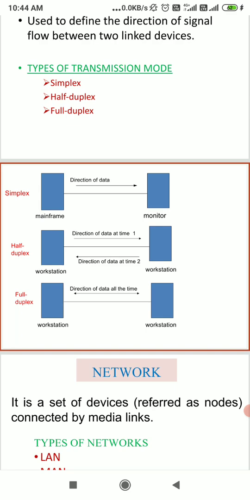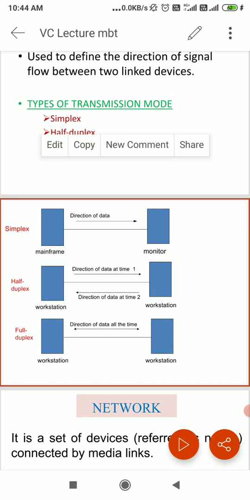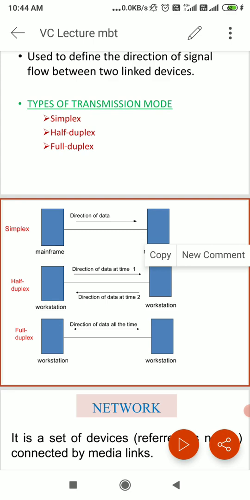If we move to half duplex, what can we say here? If you see in the diagram, these are nothing but bidirectional. They can transmit as well as receive, but not simultaneously. If you see, जब डेटा जा रहा है वर्क स्टेशन 1 से वर्क स्टेशन 2, there is only one direction of data at time 1.